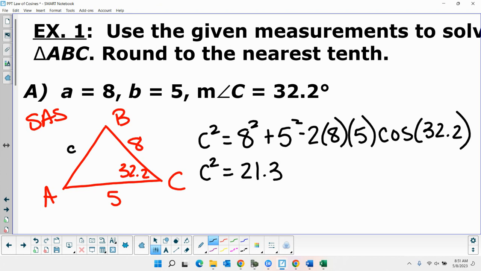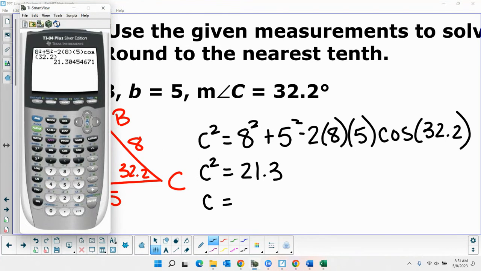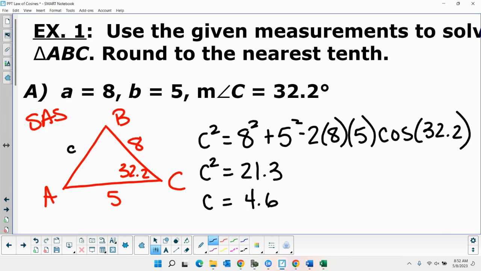Square root that. All right, so don't forget that step. You're going to have to square root that 21.3. So I just go second squared for square root, and then second answer again, so I don't have to type it in. We get 4.6. So there's one answer.